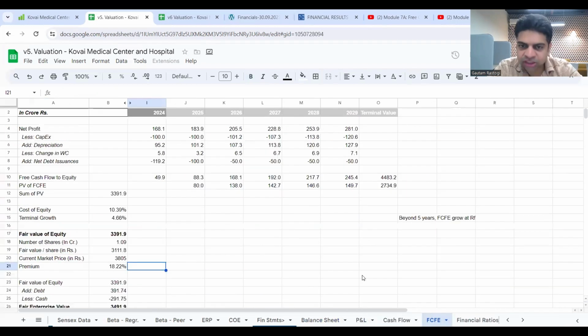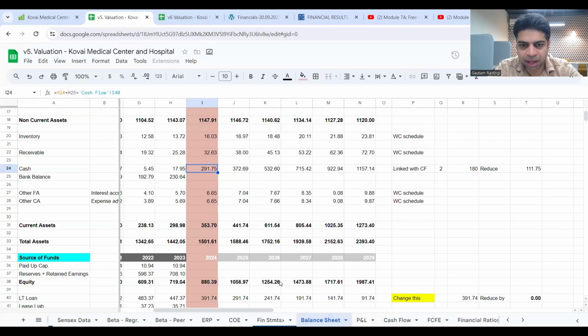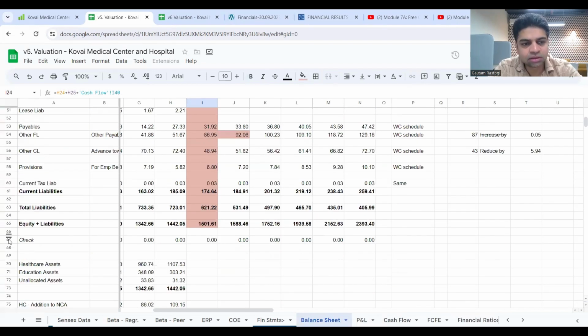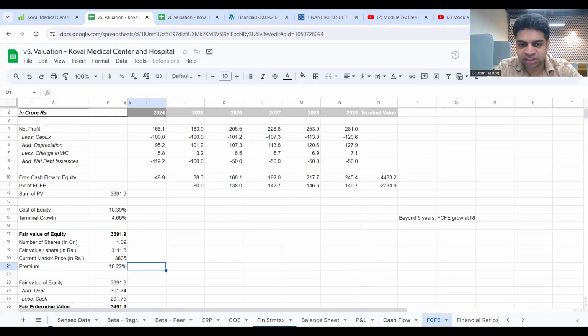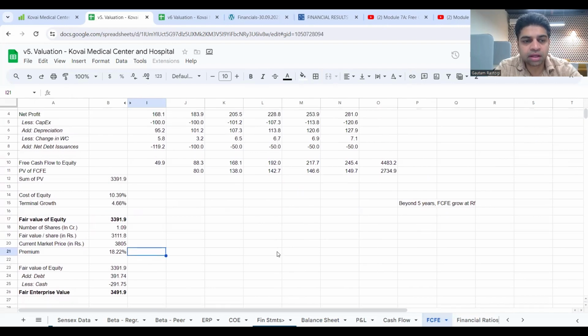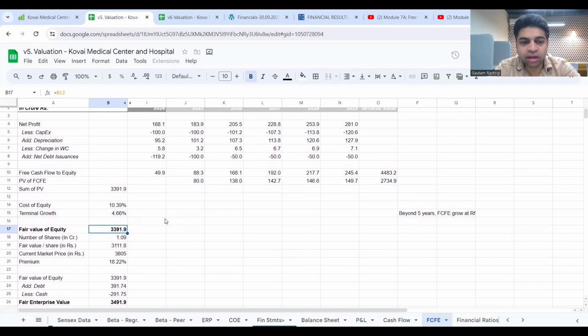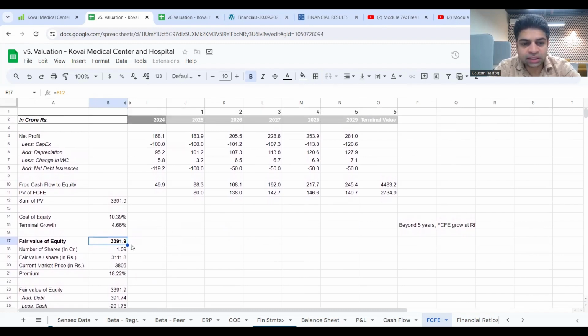Let's see what it does to our valuation. By the way, let me see if the balance sheet is balanced. Yes, it is. So we are good here. Let's go to FCFE. What happened? The free cash flow to equity reduced.